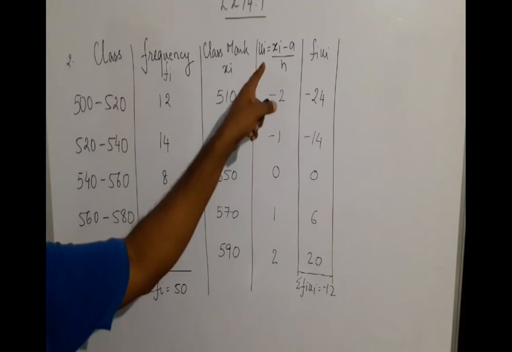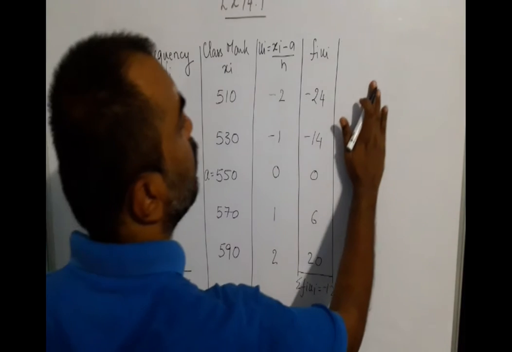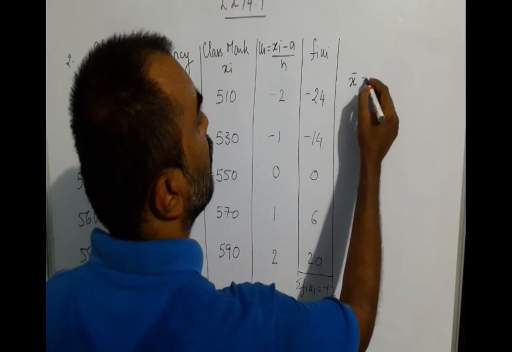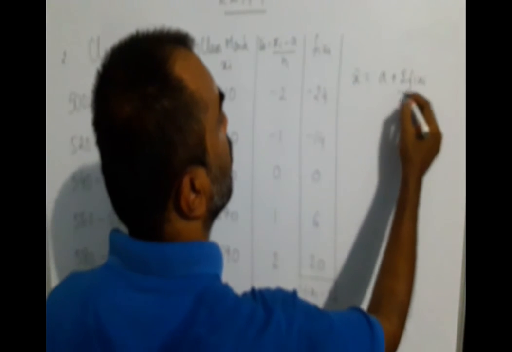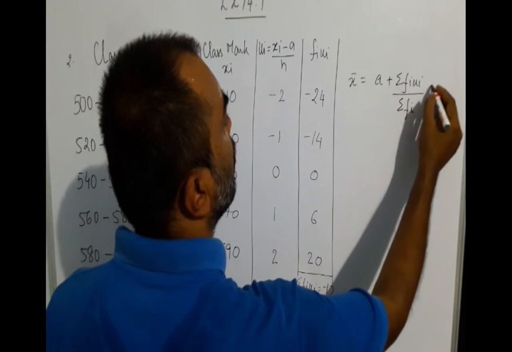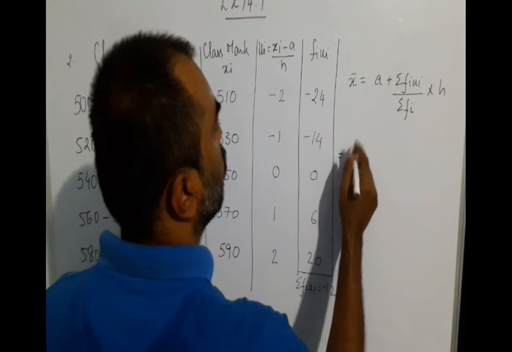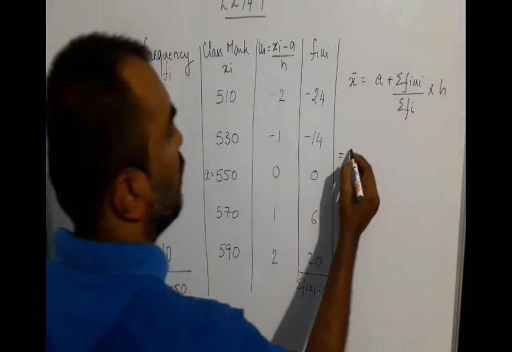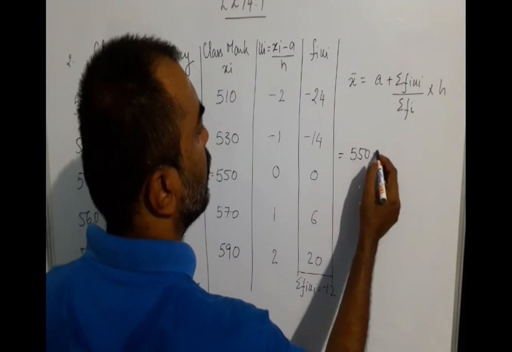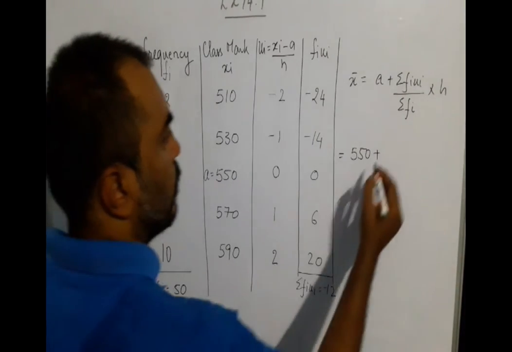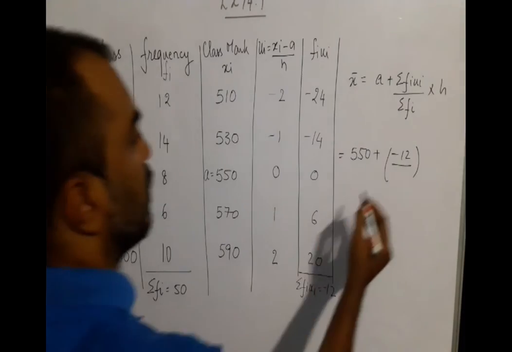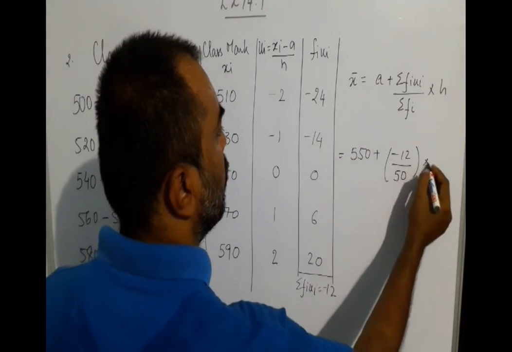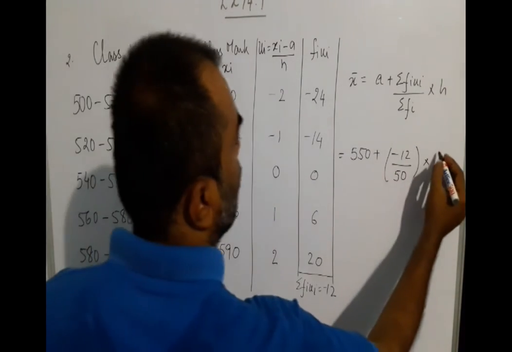Since we have used ui here, what formula will be used now? We will use x bar equals A plus sigma fi ui upon sigma fi, into h. What is the assumed mean A? A is 550 plus minus 12, that is sigma fi ui, upon sigma fi, that is 50, and into h, the class length, which is 20.